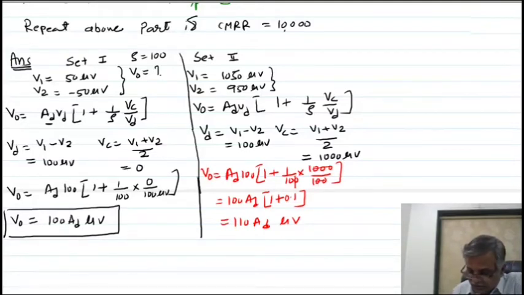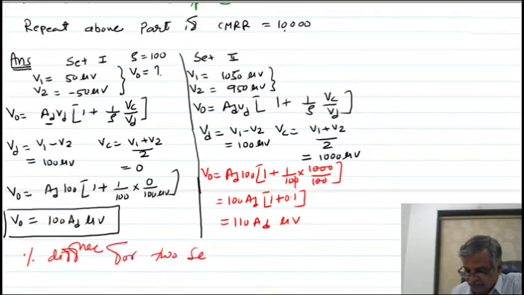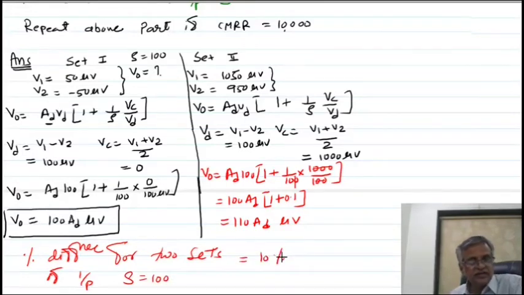It means the percentage difference for two sets of input when rho is 100 is only 10%. How much? Only 10%.